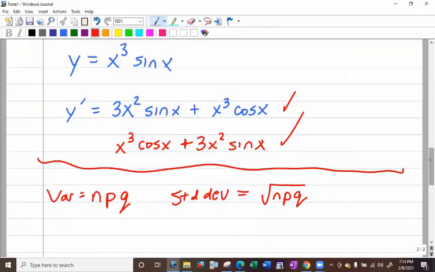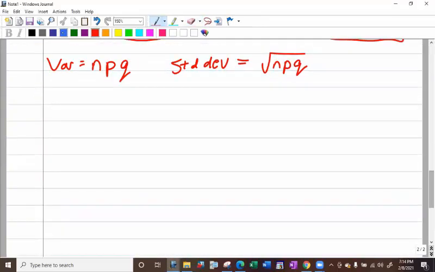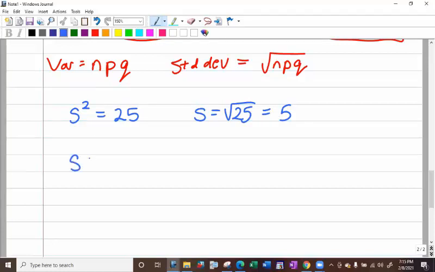Let's say you know that S squared is, I don't know, 25. That's the variance, and you want to know the standard deviation. I'm picking numbers here that I don't need a calculator for. It would be 5. But what if you were given the standard deviation and you wanted to know the variance?